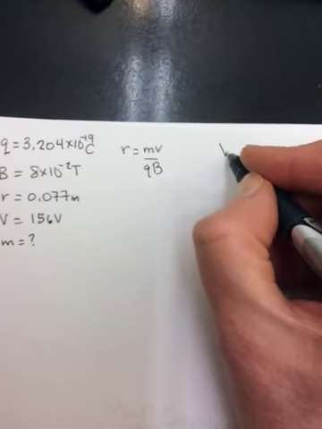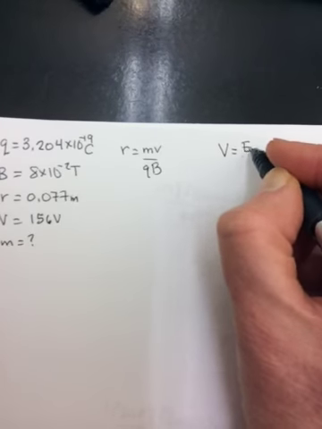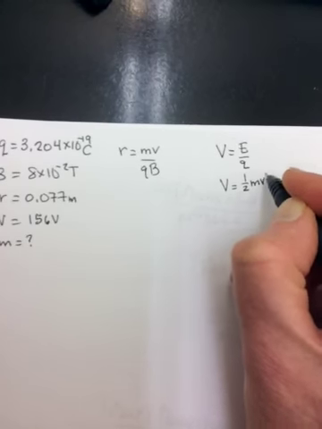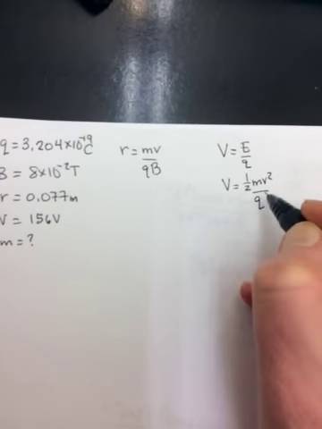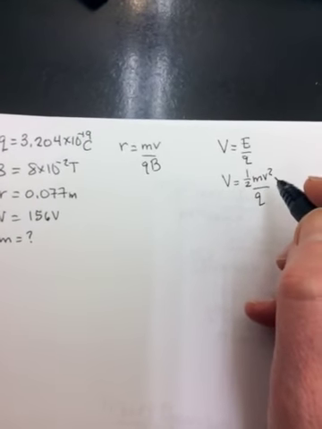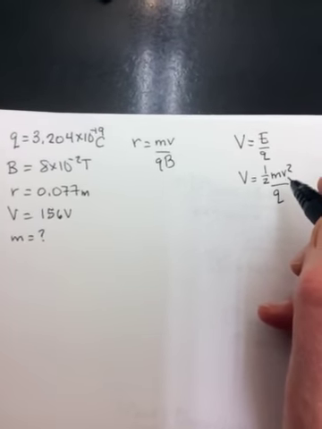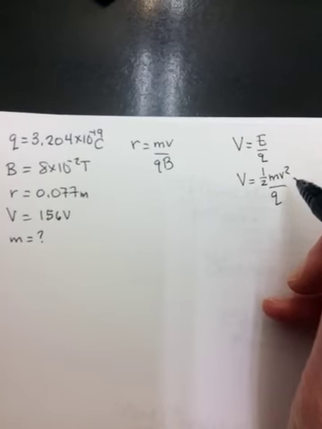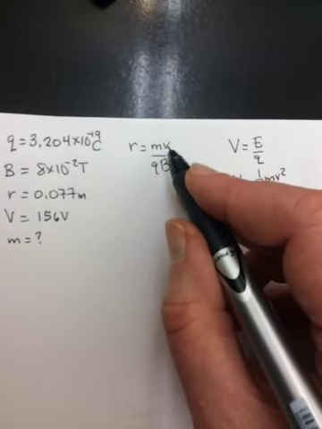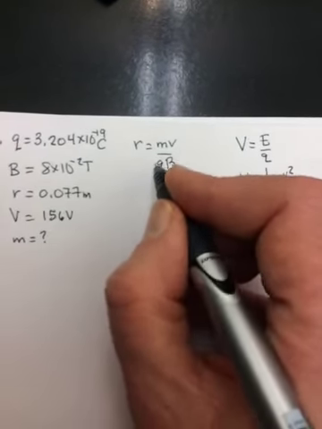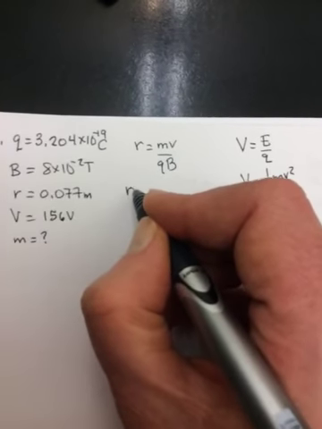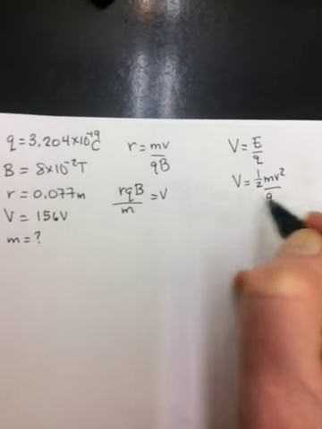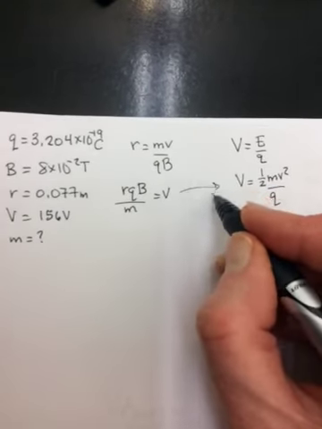So we go to our other equation, voltage is equal to E over Q, or voltage is equal to 1/2 mv squared over Q. In this equation we also have two unknowns, so you're going to need to sub one for the other. I would rearrange this to solve for v: v, the speed, is equal to RqB over m. And now I would sub it in over here.